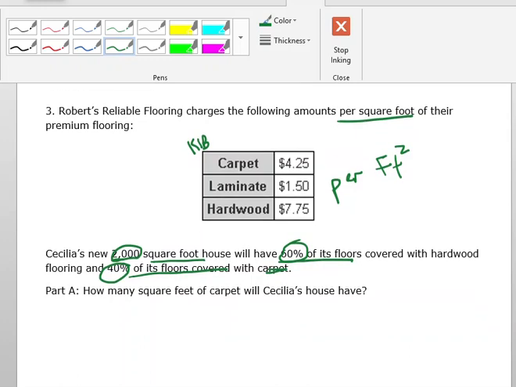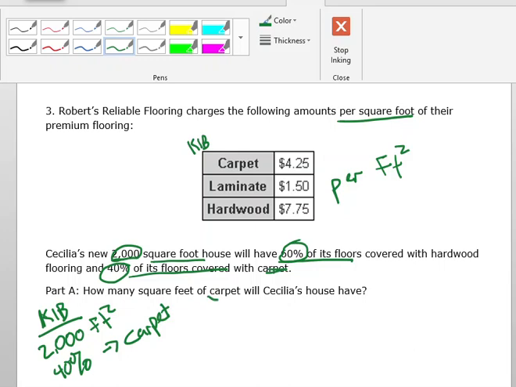Okay, so for this problem, my key information box lets me know that I have 2,000 feet squared of flooring, and I know that 40% of that is going to be carpet. So basically, I need to find 40% of this 2,000 in order to find out how many square feet of carpet Cecilia's house will have.